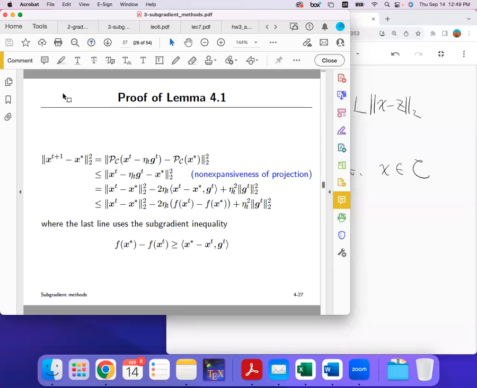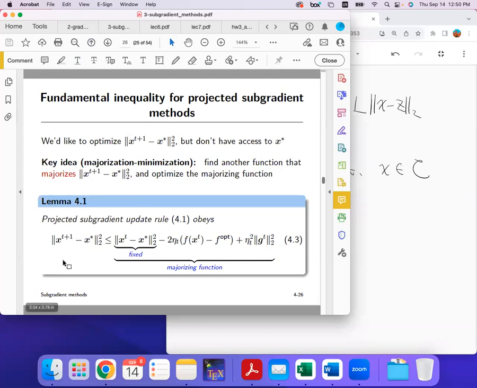Okay. Now, based on this result, we want to further derive some convergence results. And apparently here, as we discussed before, the choice of step size is critical. We need to choose a proper step size so that this term dominates. We want to subtract a positive number, so we want the last term to be suppressed as much as possible.